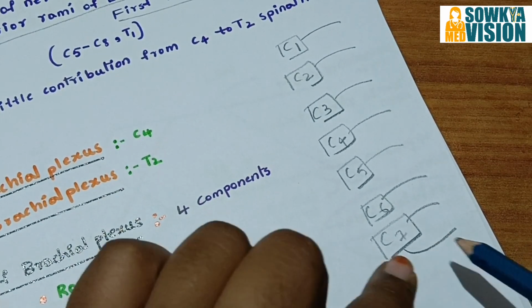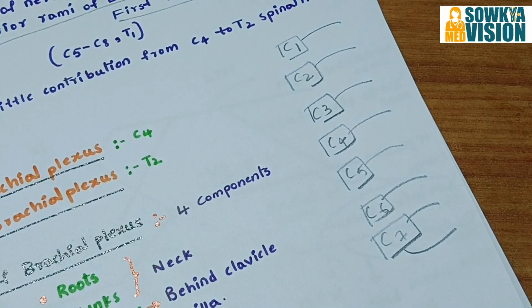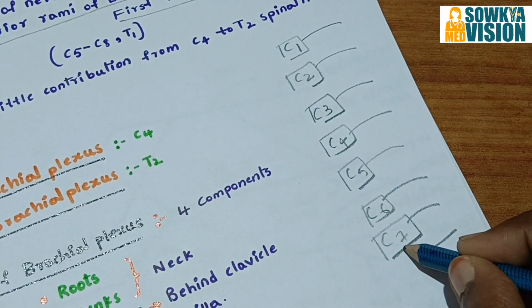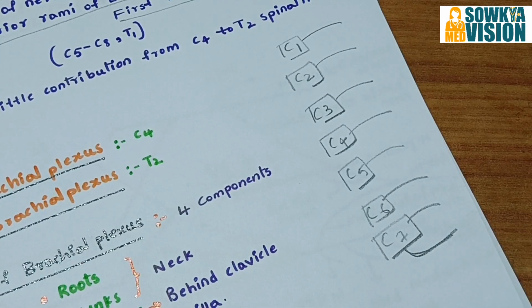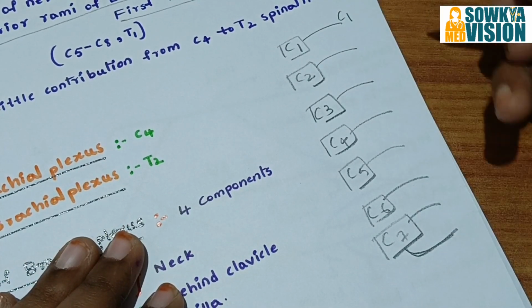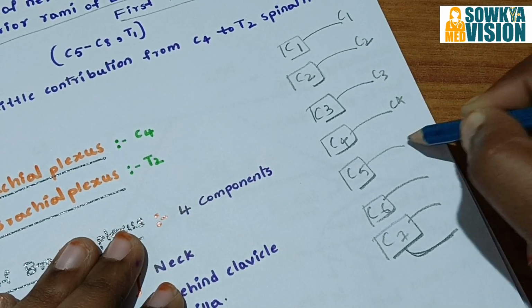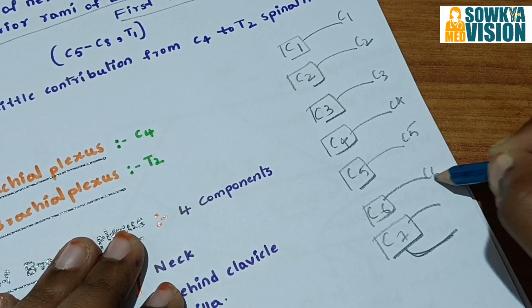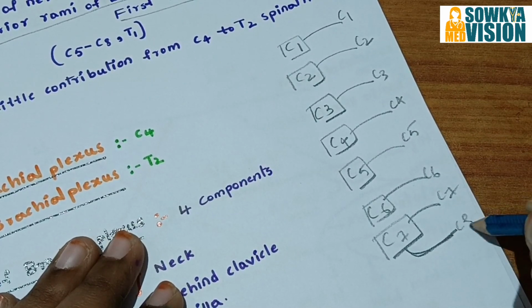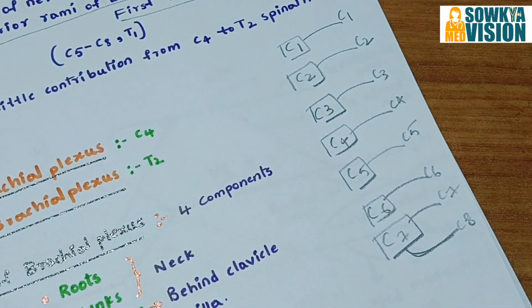So it is called the subcervical nerve. It is arising below the cervical vertebra, right? So this is the C1 spinal nerve, C2, C3, C4, C5, C6, C7, C8 spinal nerves. Here is why the cervical vertebra are 7 but the cervical spinal nerves are 8.